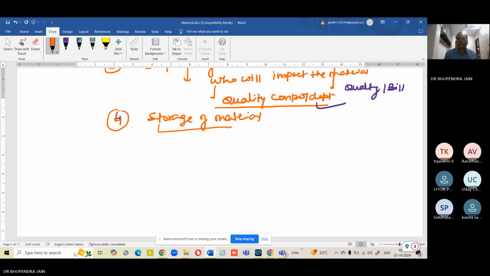So now, for the storage of material, the first concept is classification and codification of material.